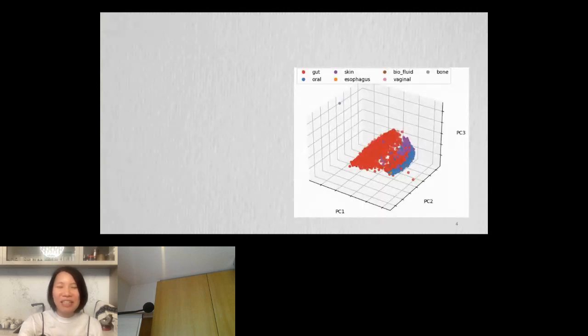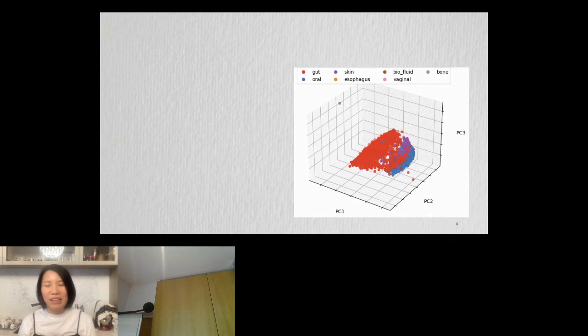So what initially led us to believe that such a thing can be done is the fact that metagenomic samples from different environments cluster. For example, in this picture, we see that the samples from different body sites roughly clustered together. Right?